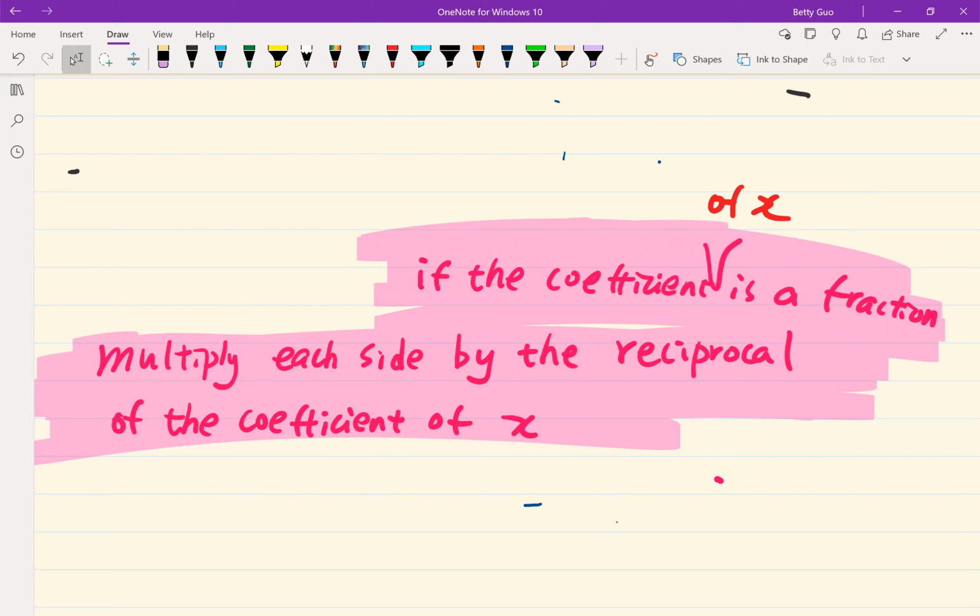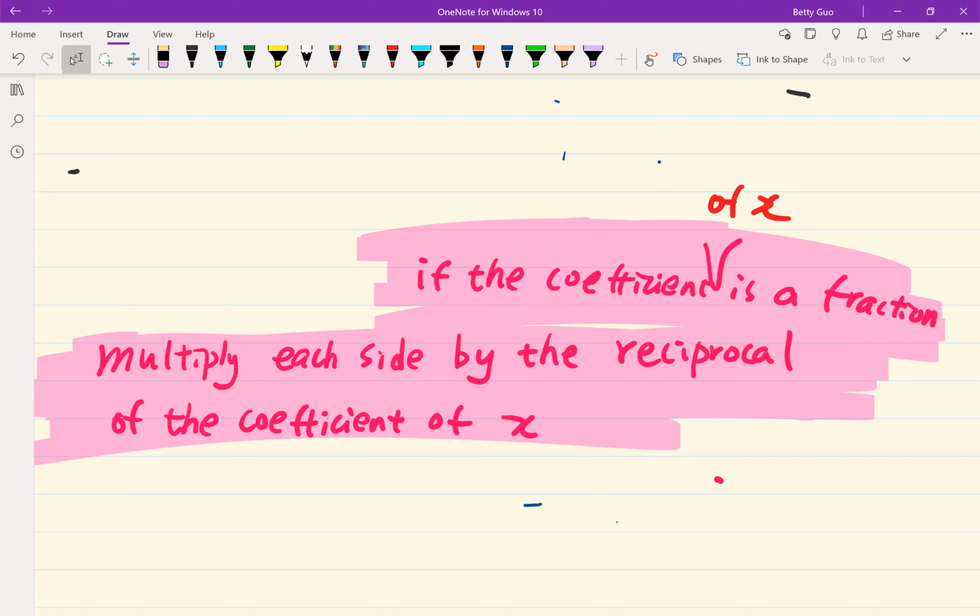Yeah, everybody? We want to isolate the x, right? When the coefficient of x is a fraction, it's not a whole number or decimal, it's a fraction. Instead of dividing, we want to multiply each side of the equation by the reciprocal of the coefficient of x.